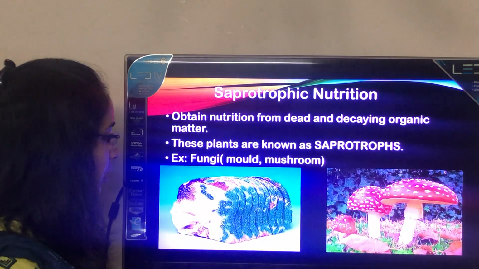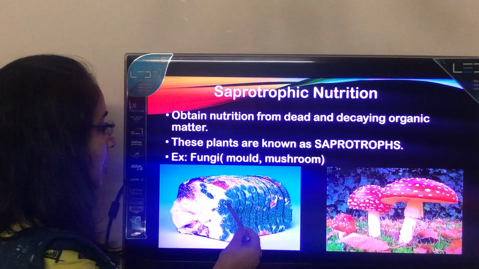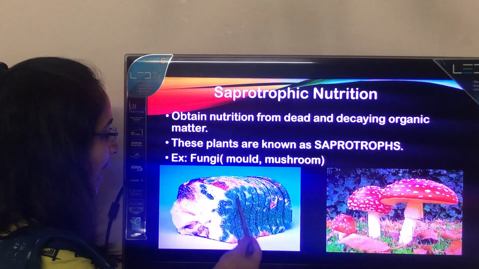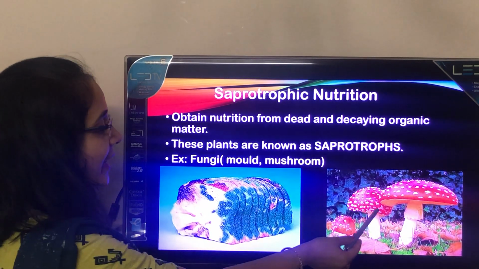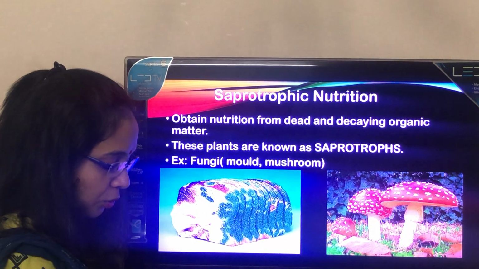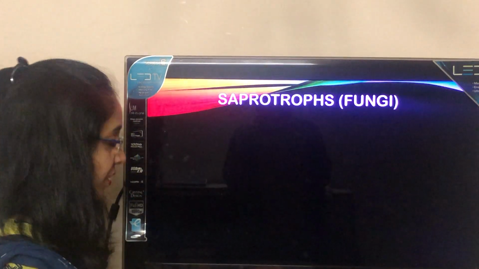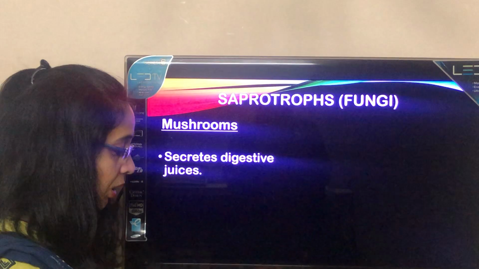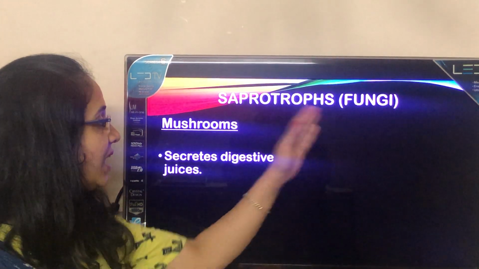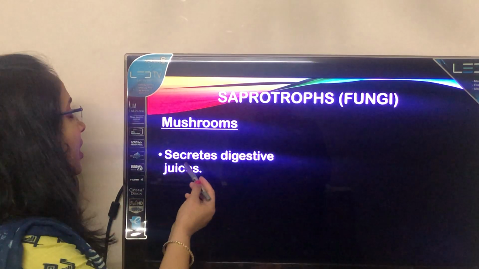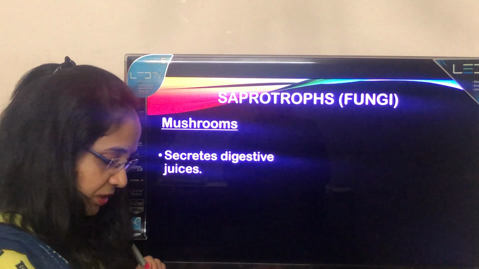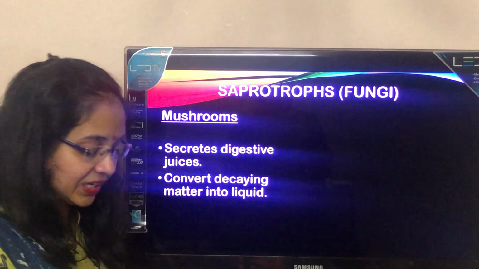Here are the pictures of mold and mushroom. These green patches are actually mold, and here is the mushroom. Let's talk about mold and mushroom in detail. Saprotrophs, fungi. So mushroom is a type of fungus. It secretes digestive juices. So why does mushroom secrete digestive juices, beta?